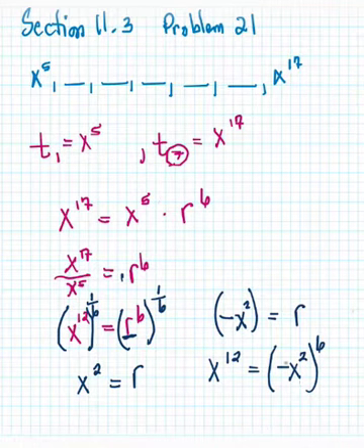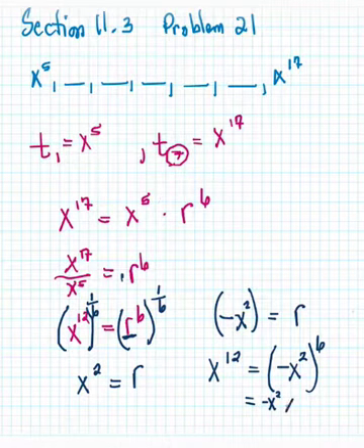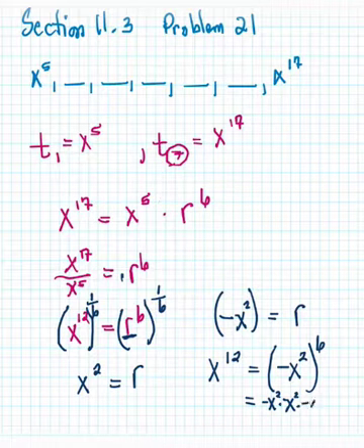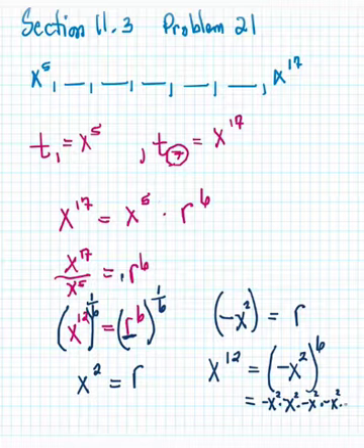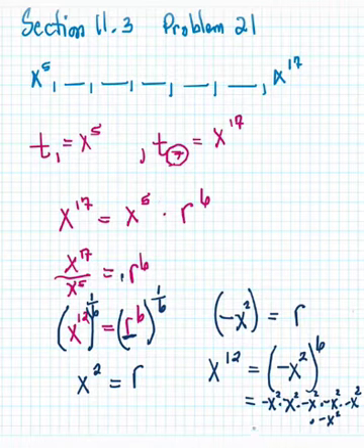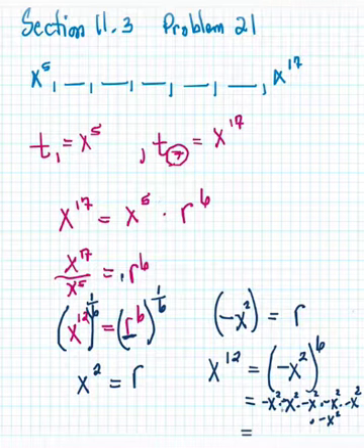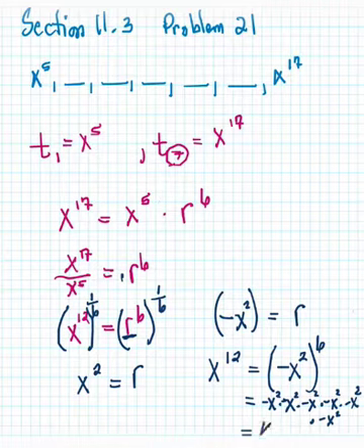If you take the opposite of x squared times the opposite of x squared, and so on, how many of those? 1, 2, 3, 4, 5, gotta do one more, 6. That's going to give you the opposite sign six times. 1, 2, 3, 4, 5, 6. So it's an even number. So this is going to give me x to the 12th, and so that is going to work.